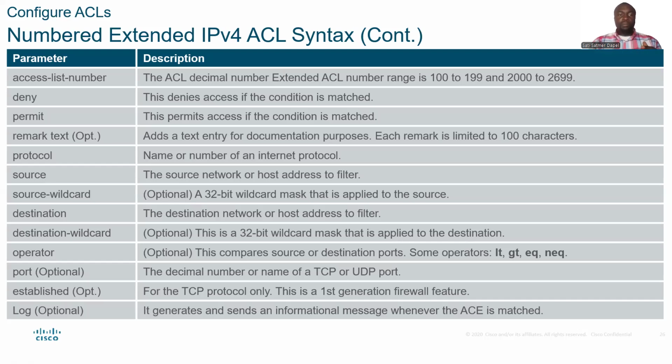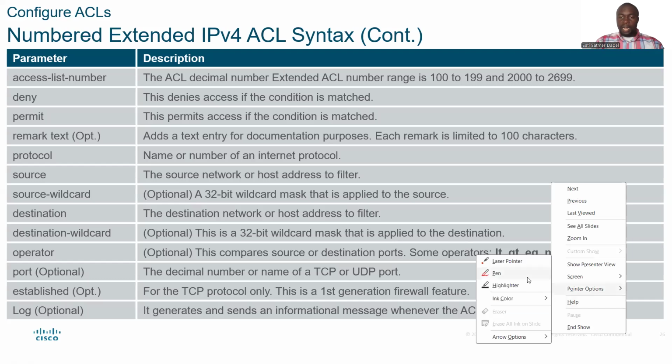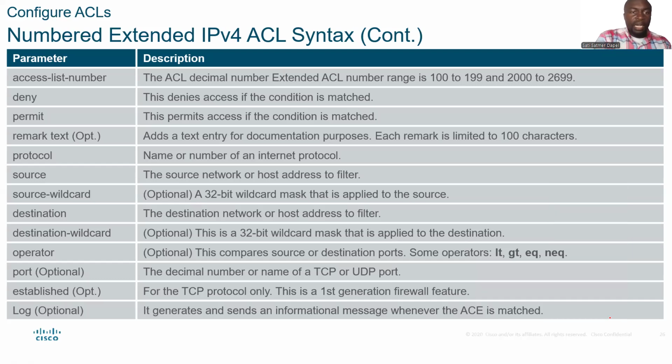Now, in the numbered extended access list, there are certain elements that we are going to be talking about that are going to be noted. For instance, we're going to be talking about the access list number. The access list decimal number extended range from 100 to 199, or from 2000 to 2699, right?